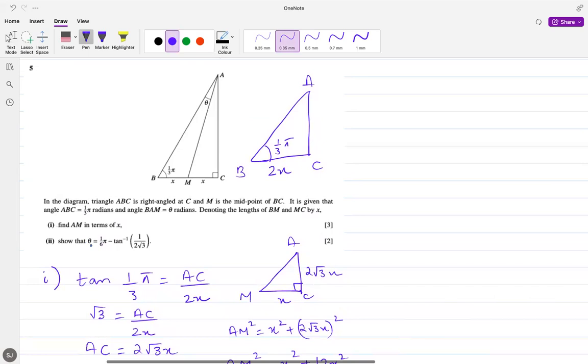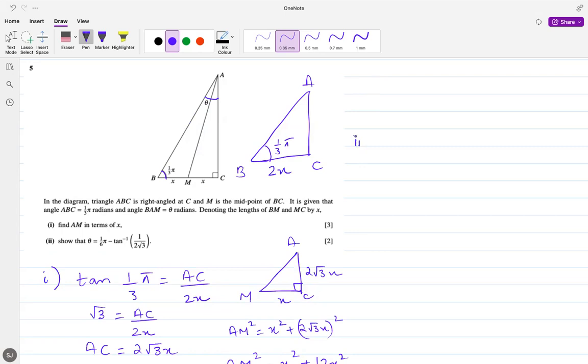In part 2, we have to show that the angle θ is π/6 minus tan inverse of 1 upon 2 root 3. Now we know that ABC is a triangle. This is a right angle, which means this complete angle will be π/2 or 90 degrees. As this is already π/3, we can find the angle BAC.